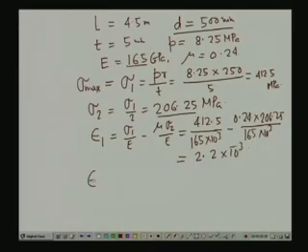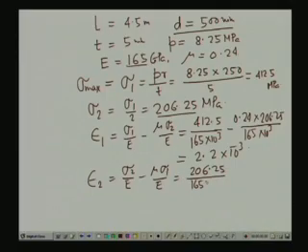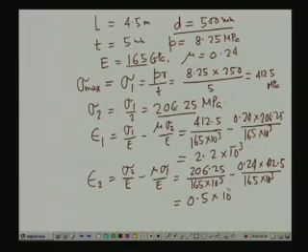Consequently, we can compute the strain epsilon 2, which is sigma 2 by E minus mu sigma 1 by E, which is 206.25 divided by 165 into 10 to the power 3 minus 0.24 into 412.5 divided by 165 into 10 to the power 3, and this gives us a value of 0.5 into 10 to the power minus 3.